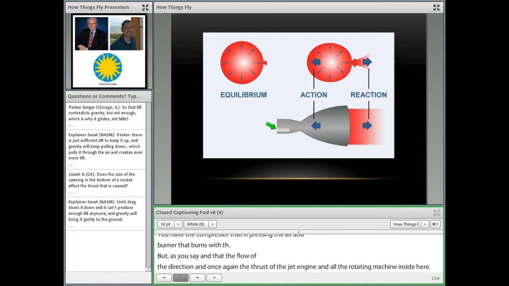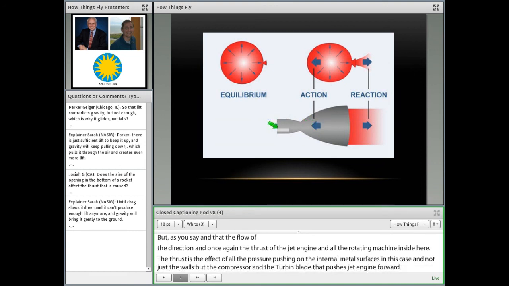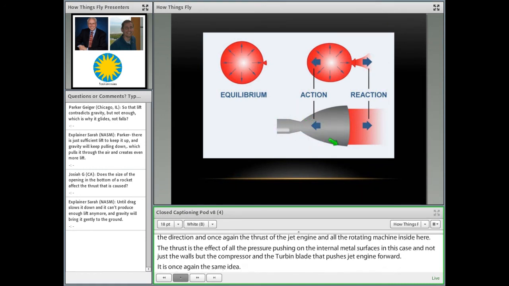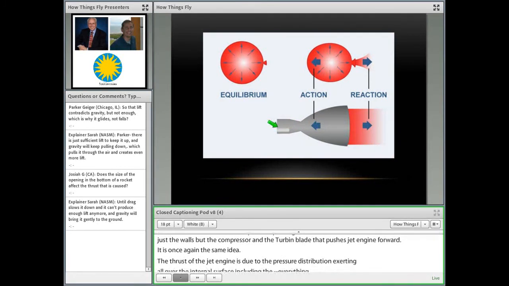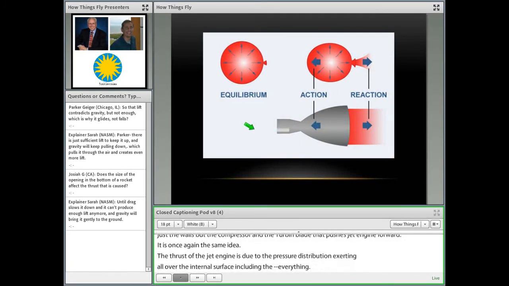It's once again the same idea. The thrust of a jet engine is due to the pressure distribution exerted all over the internal surface, including the compressor blades, including the combustion chamber, including the turbine blades, everything that's exposed to that air inside the engine. That is exerting a force which is pushing the engine forward.